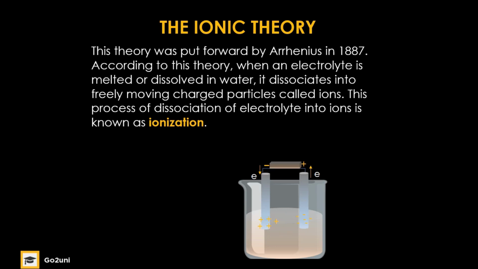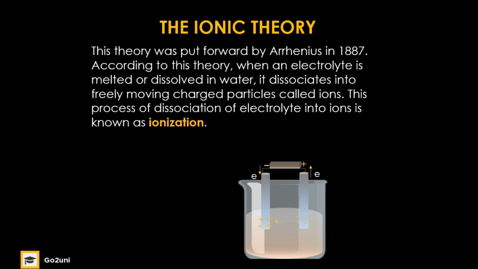That is to say, it splits into its free moving charged particles, which we have referred to as ions. This process of these substances getting dissociated as they dissolve in water is what we call ionization.